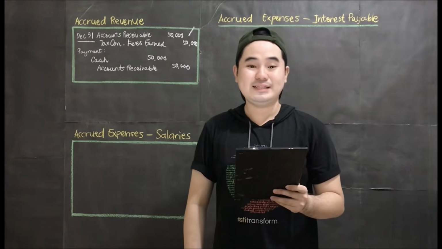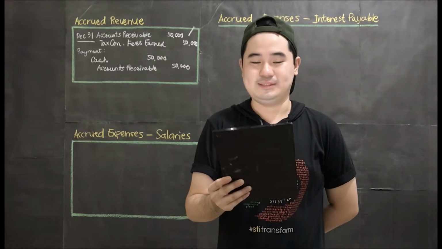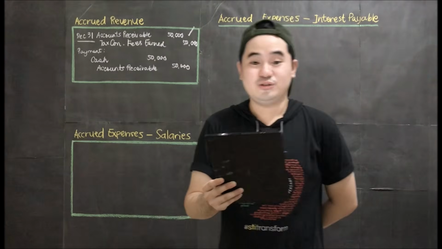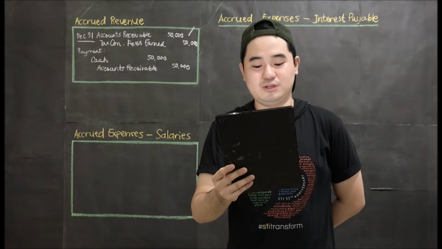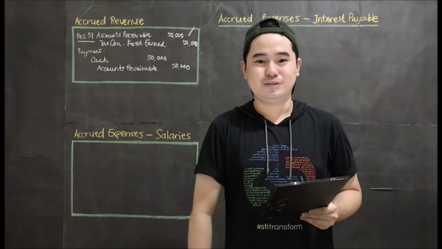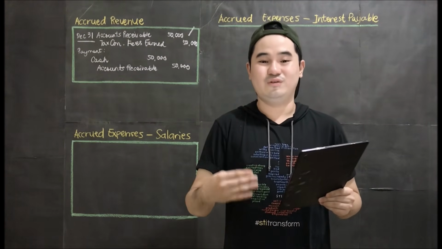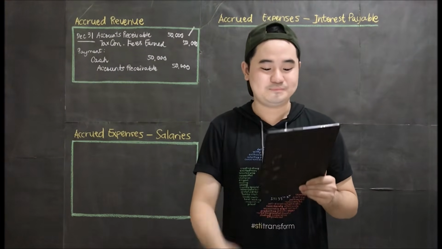Okay, Lipana Tax Consultancy pays their liaison officers on a weekly basis. Okay, lingguhan ng sahod. The company has 10 liaison officers receiving 3,000 pesos weekly every Friday. So, ibig sabihin, kung every Friday nagbabayad ng sahod at 3,000 kada liaison officer at 10 yung liaison officers, every Friday, nagbabayad sila ng 3,000 times 10 persons, 30,000.